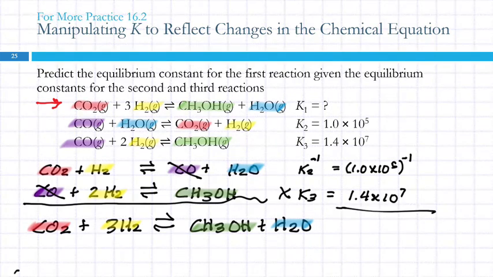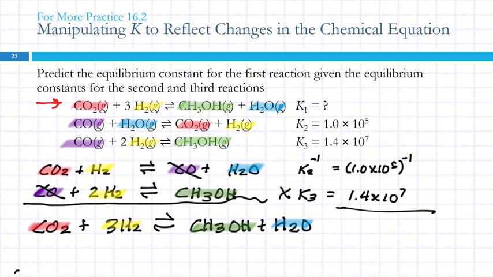Over here, we'll take this number, 1 times 10 to the 5th. Yeah, it's a 5 this time. Helps to turn on the calculator, just saying. 1 times 10 to the 5th. I'm going to raise that to the negative 1 power. I forgot to push one of the buttons.